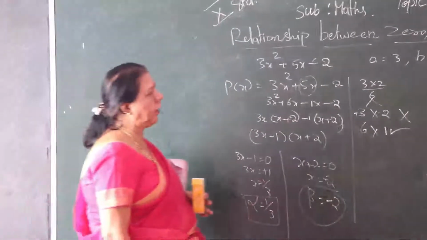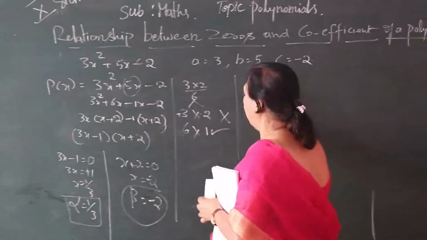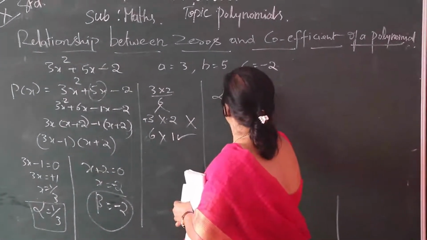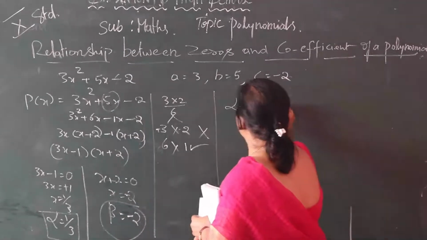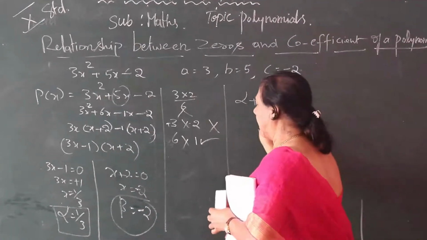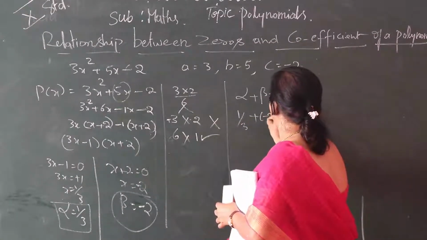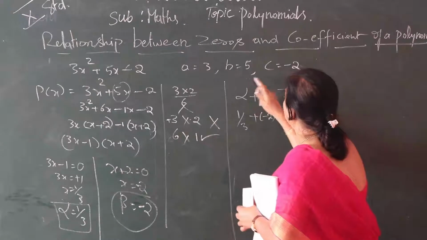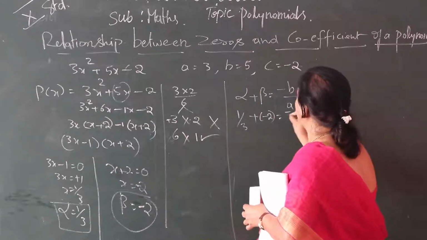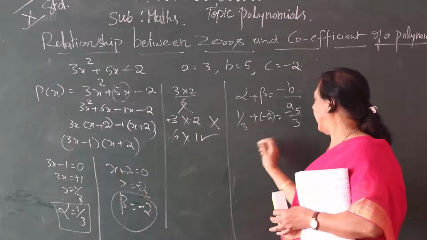Now what do you have to find out? The sum you have to find out. Sum: alpha plus beta is equal to minus b by a. What is alpha plus beta? 1 by 3 plus minus 2 is equal to minus 5 by 3. So here, see, we cannot calculate directly.